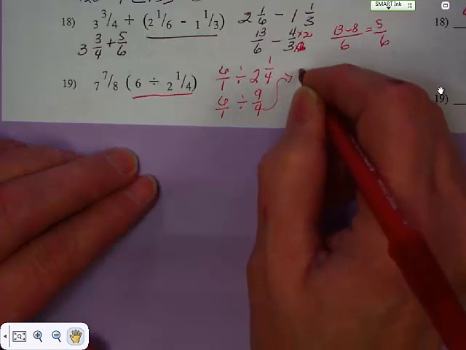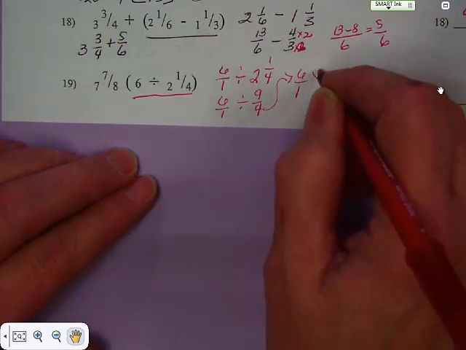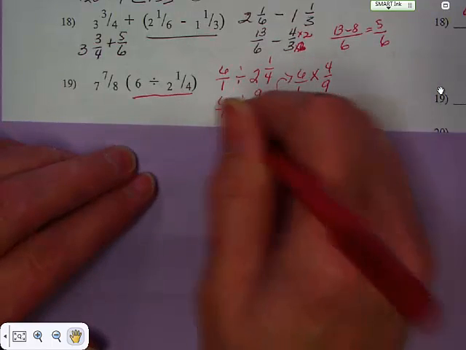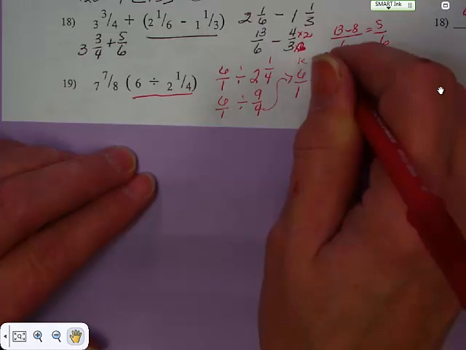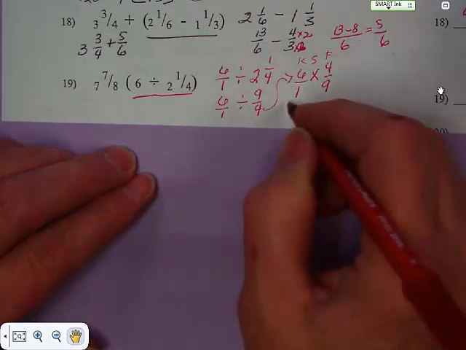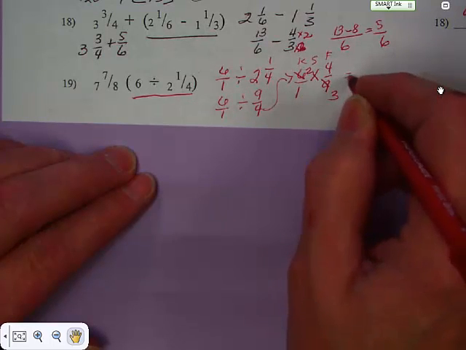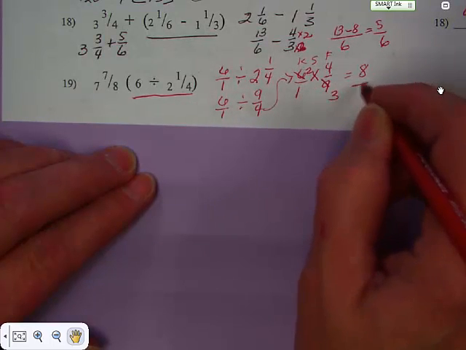Over here, 6 over 1 times 4 over 9, because we have the keep, switch, flip thing going on. So we get rid of a 3 here, this becomes a 2. We end up with 8 over 3.